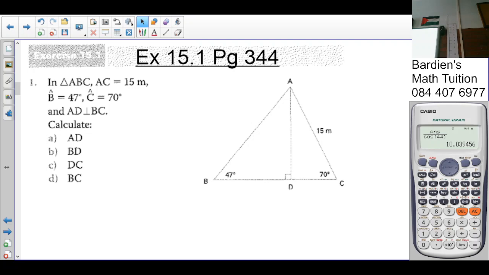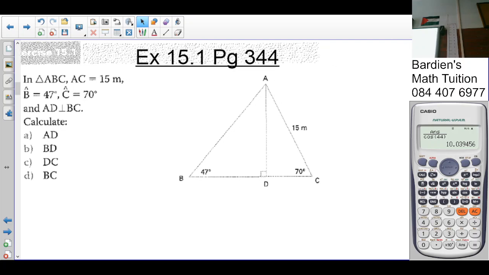Okay. So we are told in triangle ABC, AC is 15. Angle B is 47 degrees. Angle C is 17, which was on the diagram. And then we are told that AD is perpendicular to BC. The question says calculate AD.